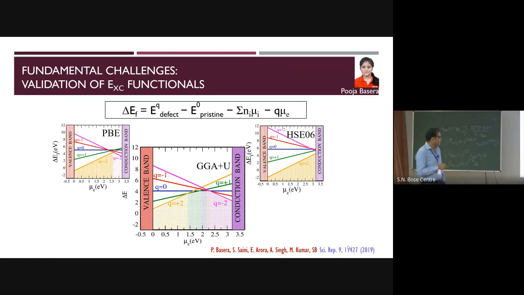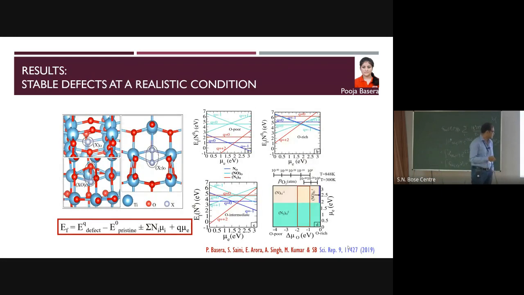So fine. First we tried to understand what types of defects are specific defects. We determined different types of non-metal defects: this is substitution, this is interstitial, and this is substitution and interstitial together.